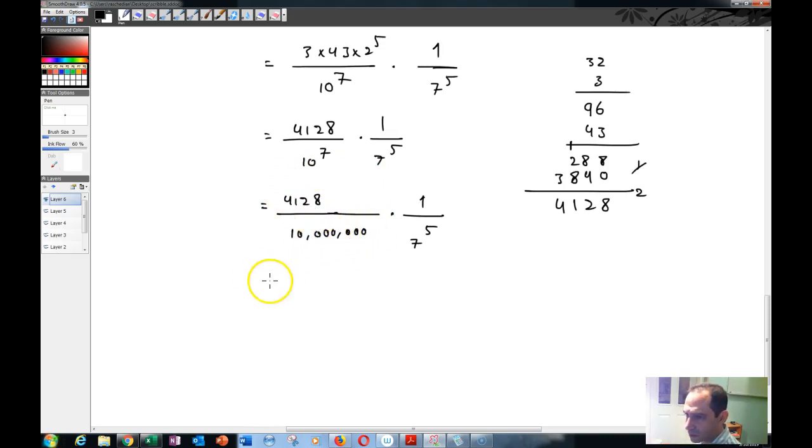And this is the same thing as, you have 7 zeros, so 4 plus 3, 3 zeros, 0.0004128 times 1 over, for example, 7 raised to the power 5. And 7 raised to the power 5, you can calculate whatever that is, doesn't matter, but now you got your number simplified as much as you wanted. So this is the decimal representation, and this number is not a rounded number.